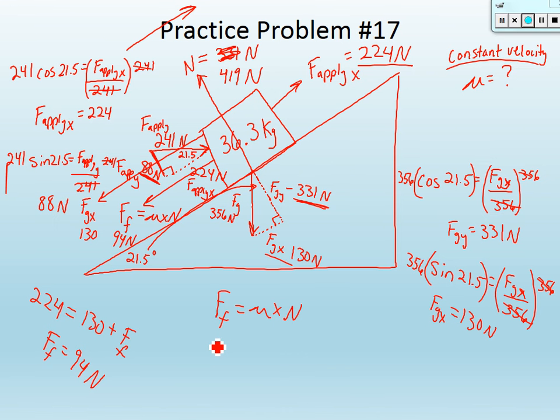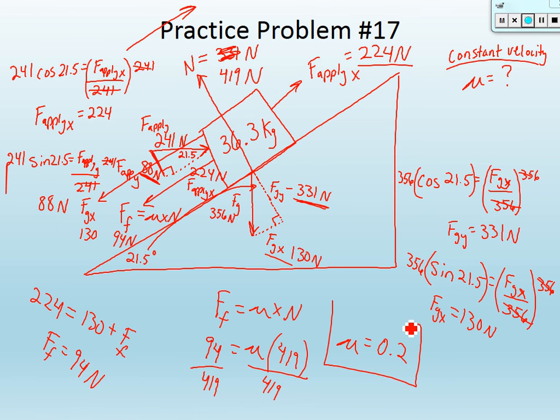Force of friction was 94 newtons, equal to mu times the normal force, which was what? 419. Okay. Let's divide both sides by 419. What does mu equal? 0.2. Okay, and that is the correct answer.